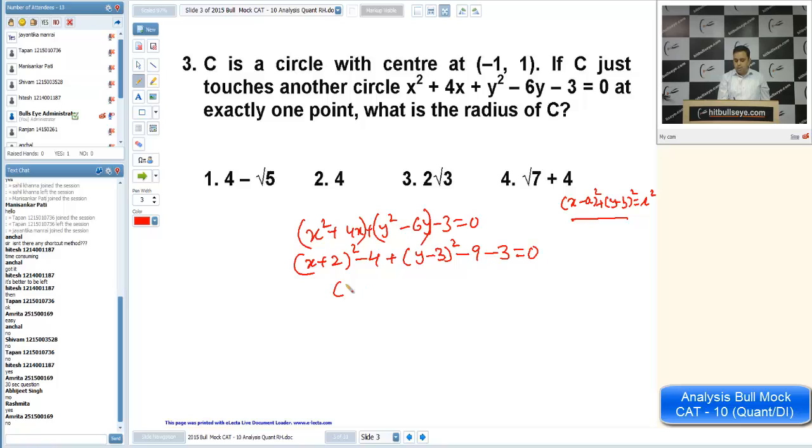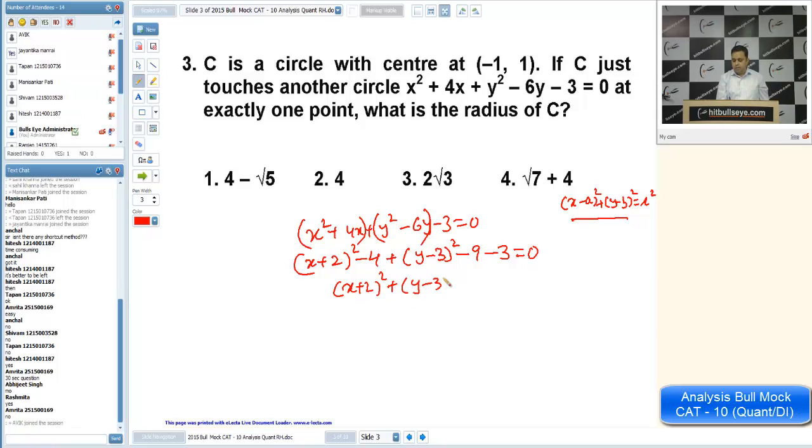So it becomes x plus 2 whole square plus y minus 3 whole square minus 16 equal to 0, or equal to 16. So the center of this circle is minus 2 and 3, and the center of the given circle is minus 1 and 1.